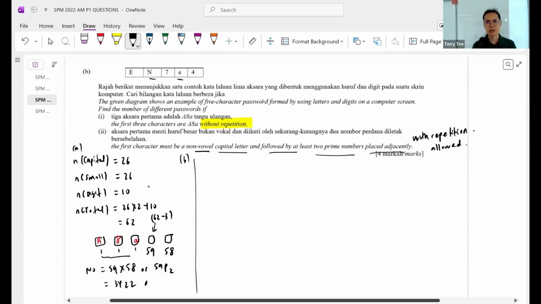The next question is this. Non-vowel capital letter. What is a non-vowel capital letter? I would like to say consonant.